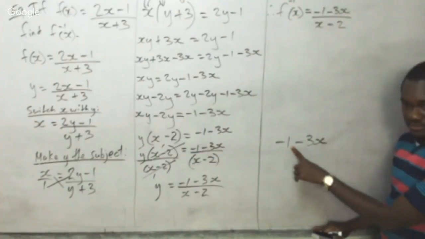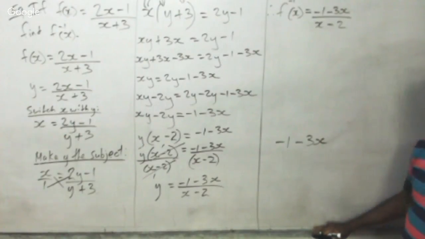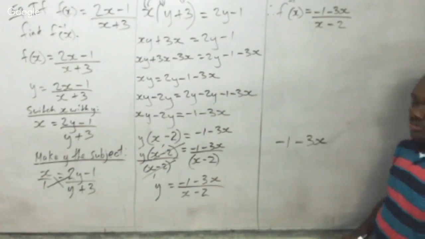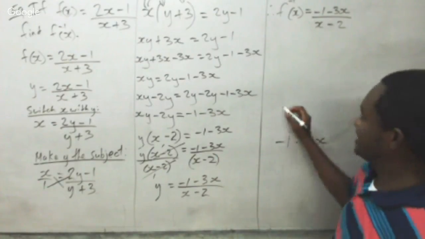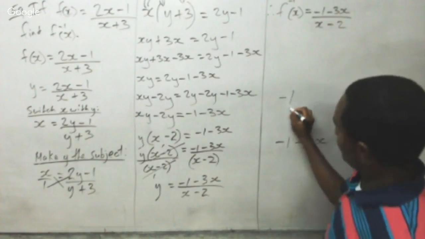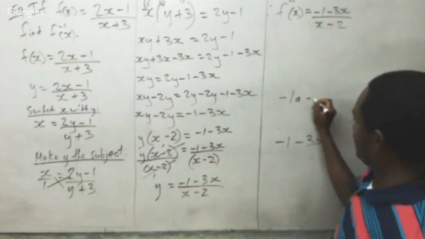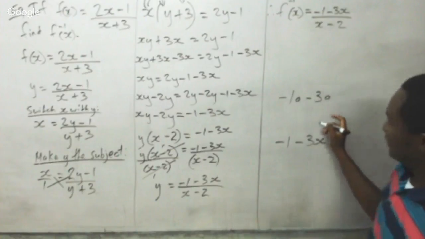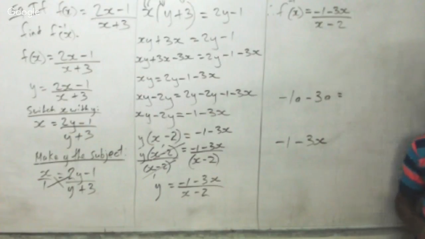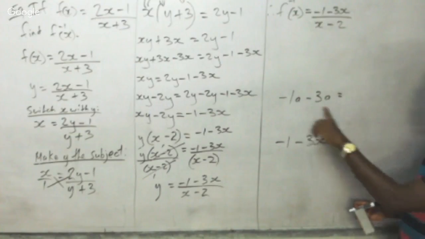Is it negative 1x? No, it's just negative 1. So these are not like terms. Negative 1a minus 3a, what is this equal to? Negative 4a, yeah, because these are like terms.